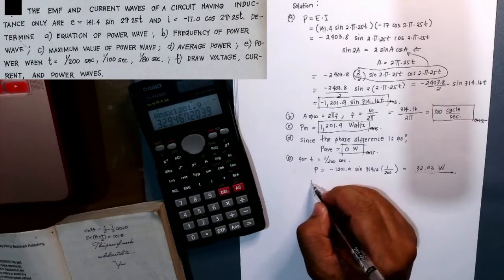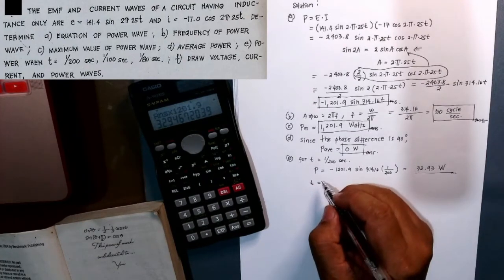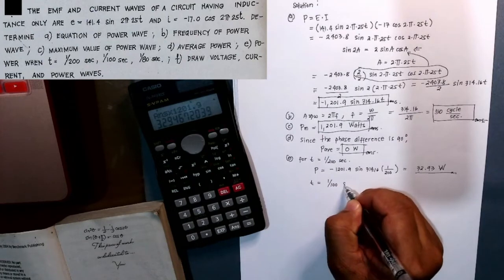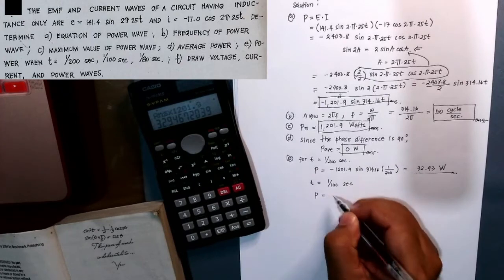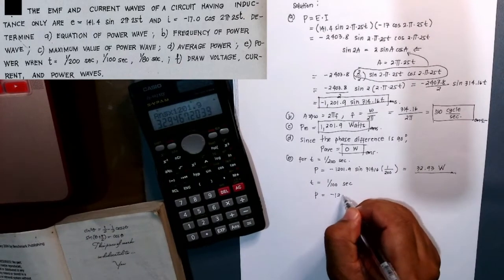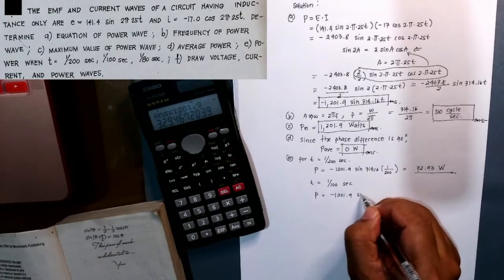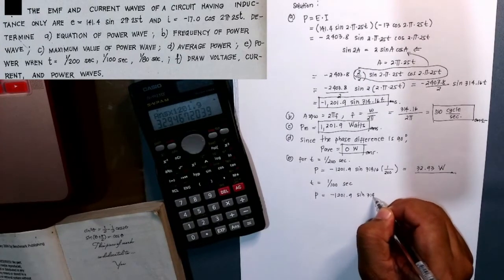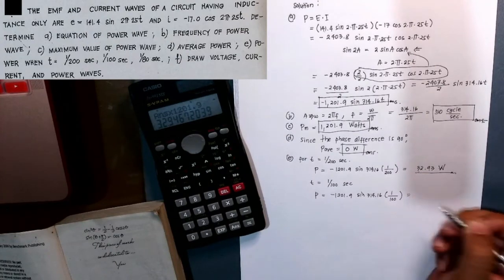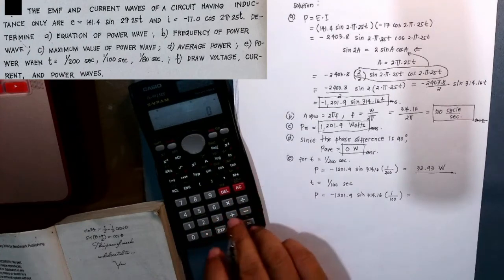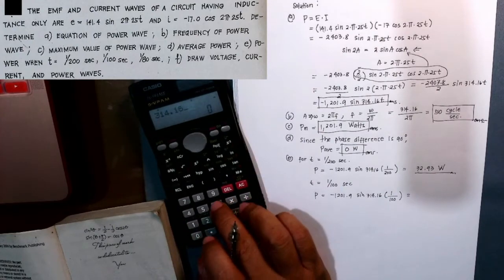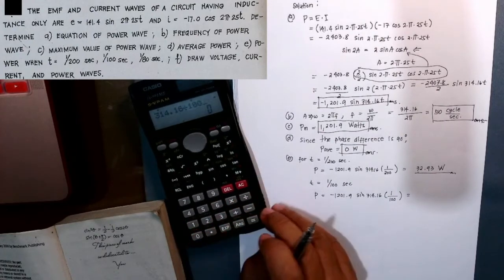And for t equal to 1 over 100 seconds, again we use the same formula. It's just a matter of substitution. Sine of 314.16 times 1 over 100, or 314.16 divided by 100.